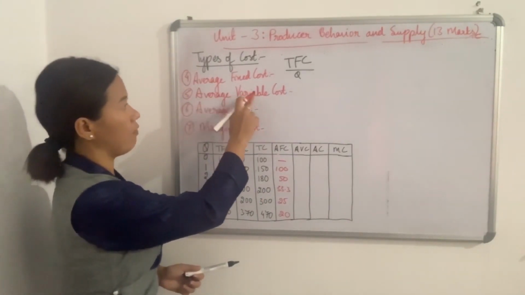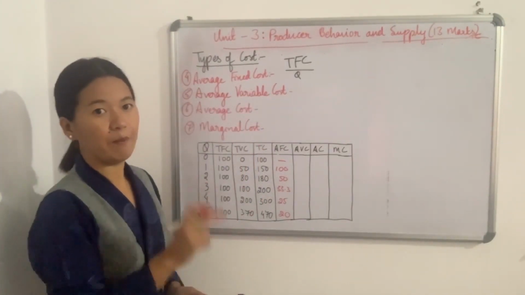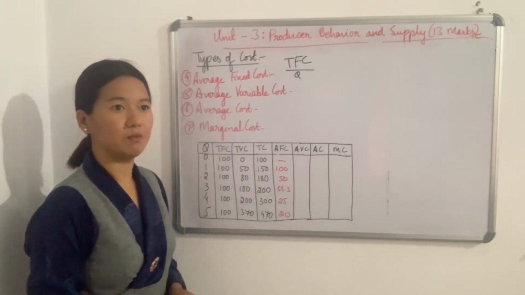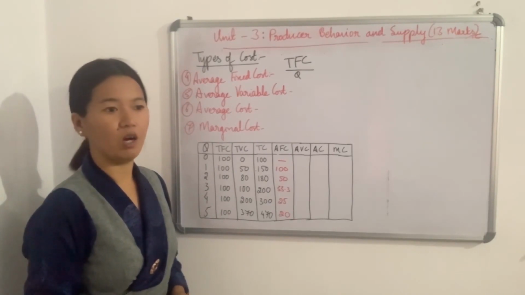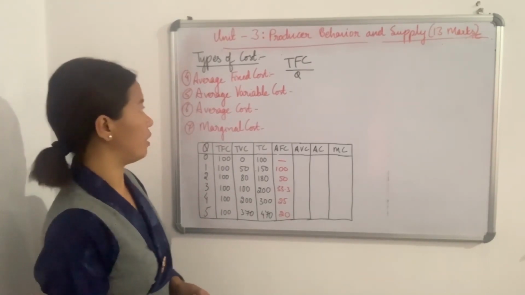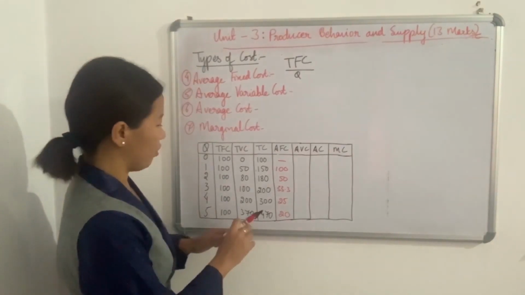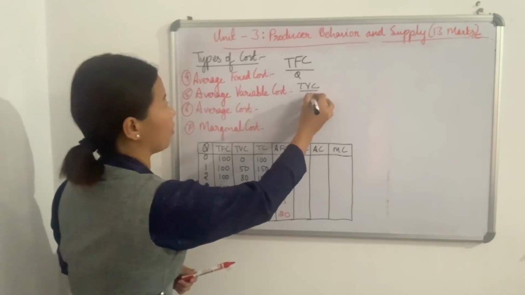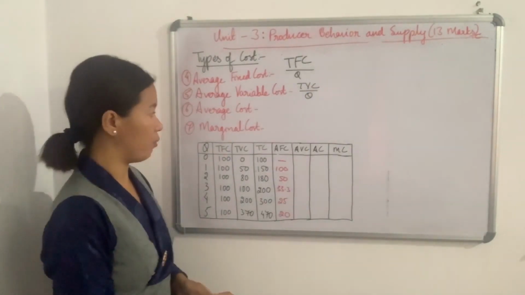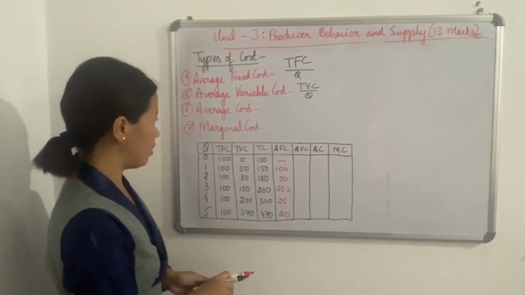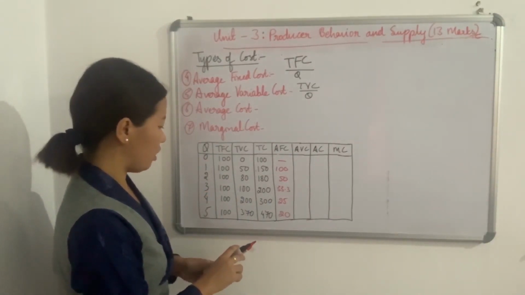And when you find out average variable cost, it is the per unit variable cost of production. That is how much variable cost is incurred on each unit of production. So the formula for average variable cost is total variable cost upon Q, TVC upon Q. So we have TVC and we also have quantity, so we will divide these two variables.